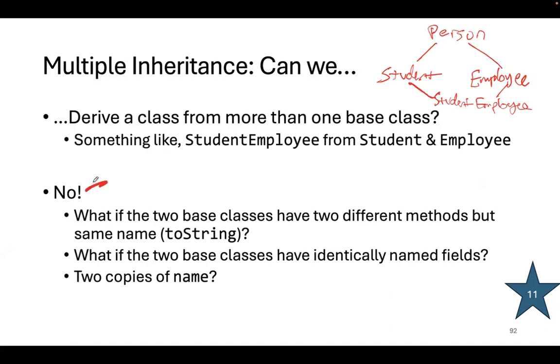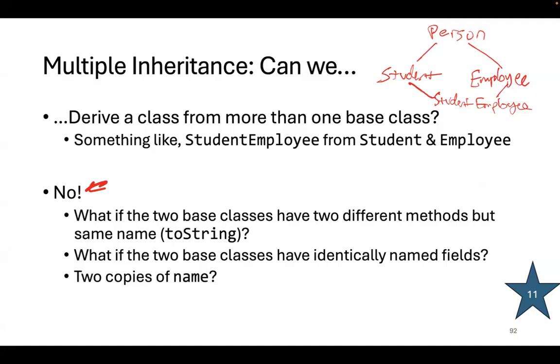And so I have the answer here, but it seems like it should work, right? Like we should be able to take both things. But the problem is Java doesn't allow multiple inheritance because there's the capacity for conflicts. So this is probably fine because both student and employee get their information from person.